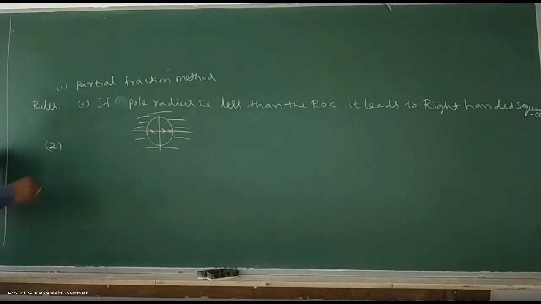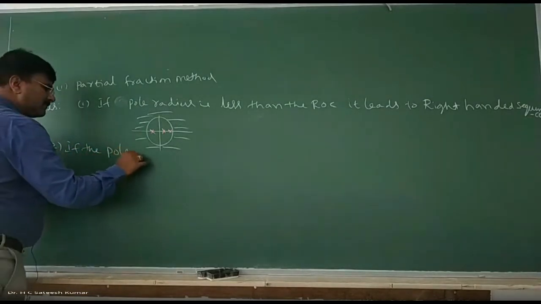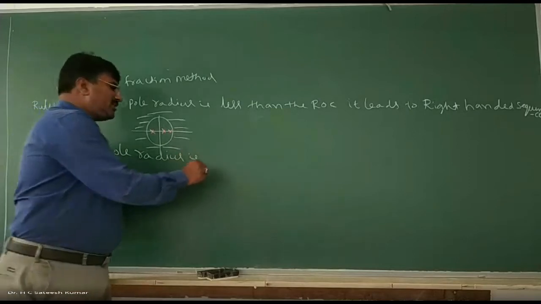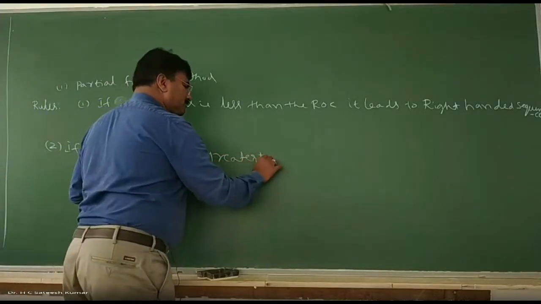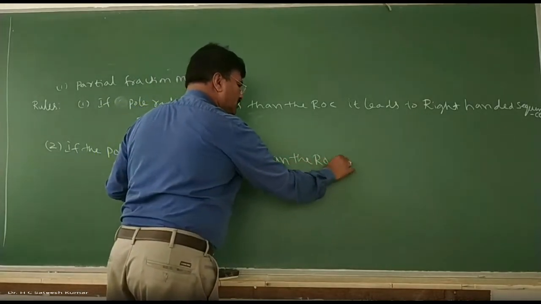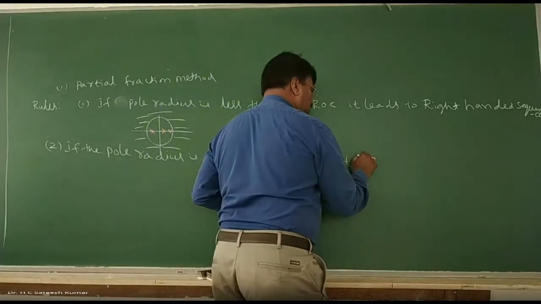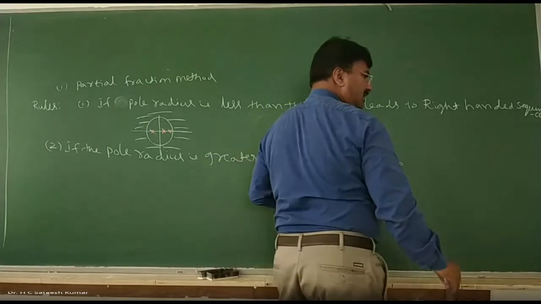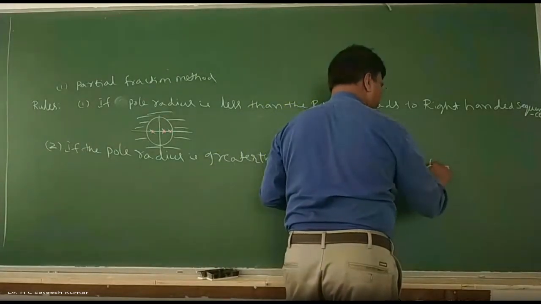Second rule, rule number 2. If the pole radius is greater than the ROC, it leads to a left-handed sequence.